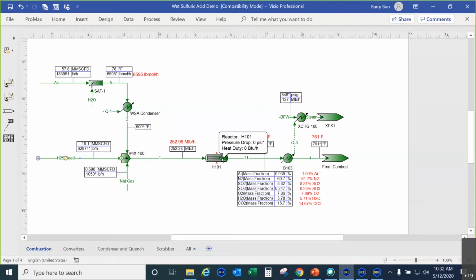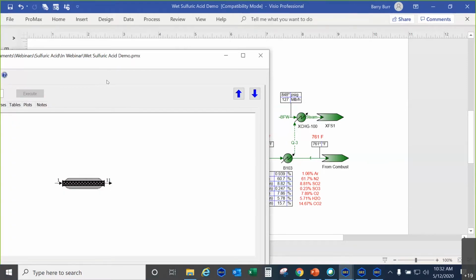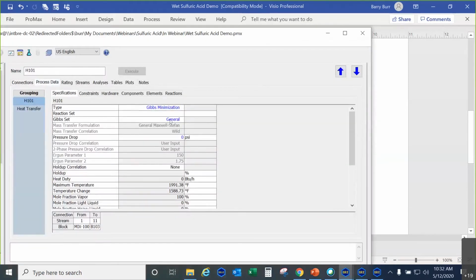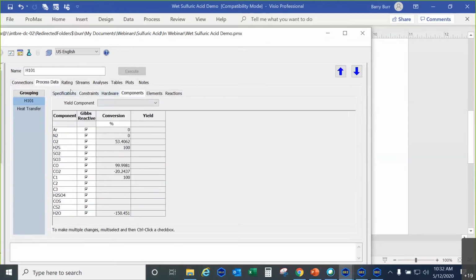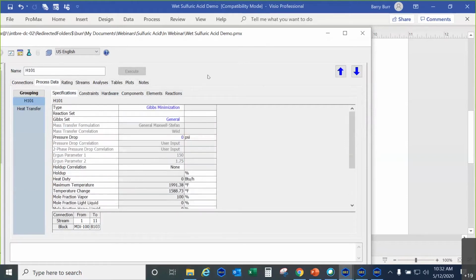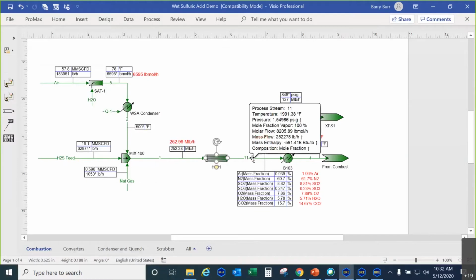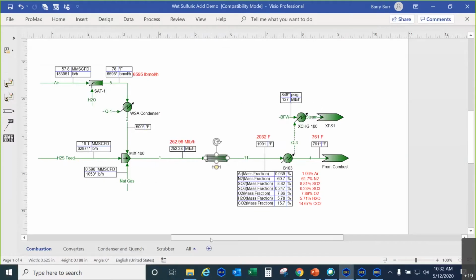So we burn it. Same kind of Gibbs minimization with general, and all the components are set. We have no bypass fraction set. It never hurts to put 2 as the maximum phases, even though it's very unlikely that's going to happen here.